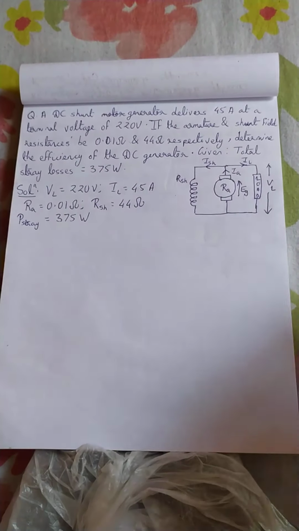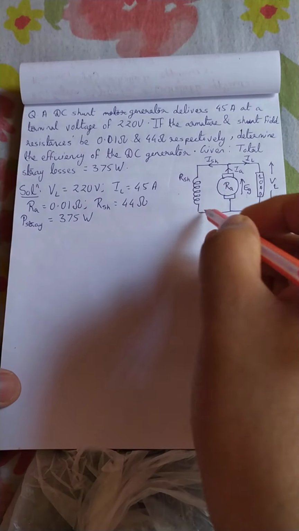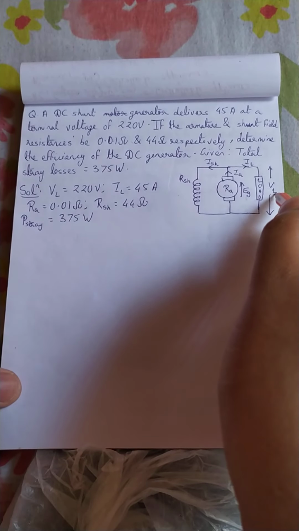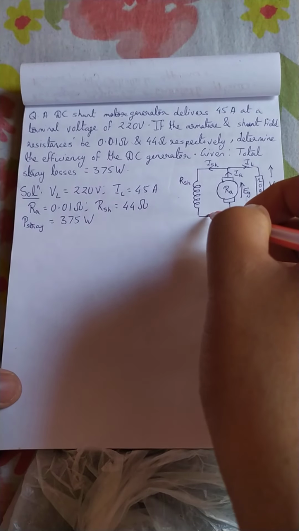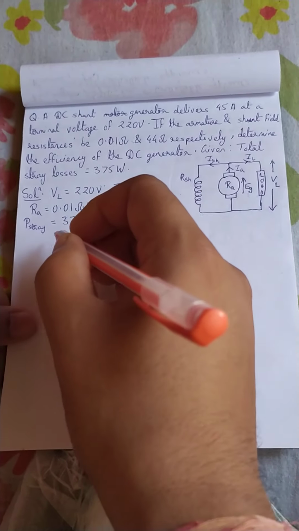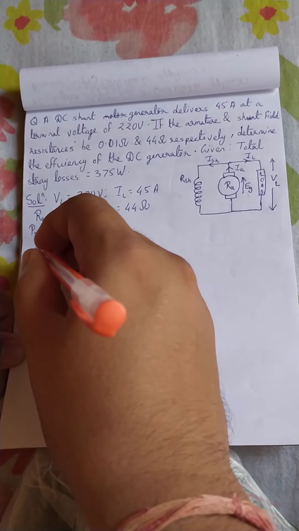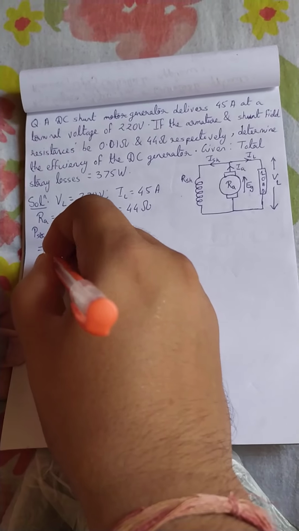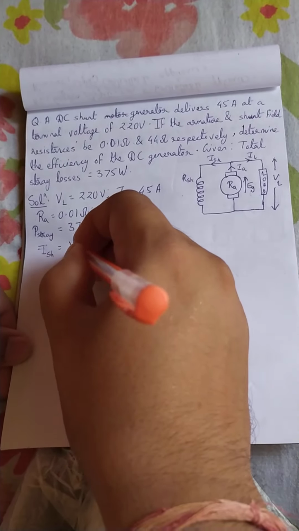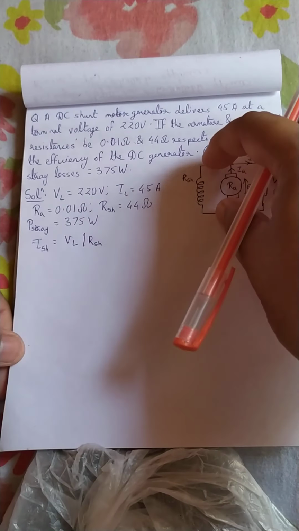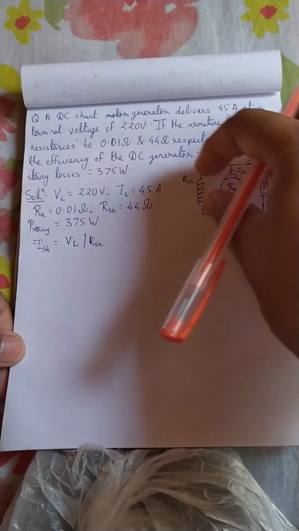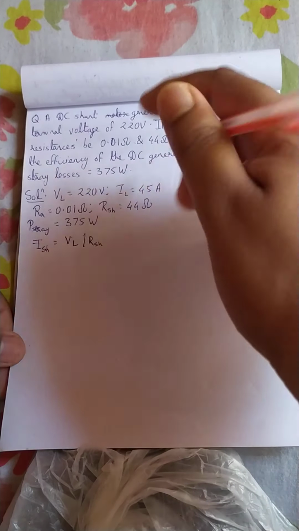From the data, what we can see here is that VL is equal to 220 volt, and that VL is applied across the shunt field. So the shunt field current ISH will be nothing but VL divided by RSH, because this voltage is 220 and the shunt field resistance is RSH.